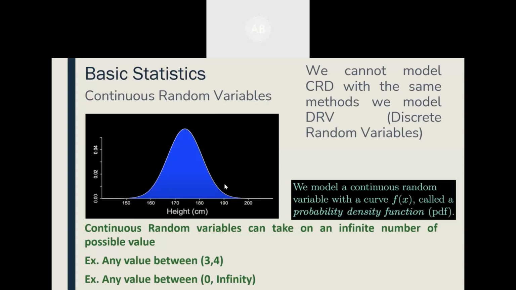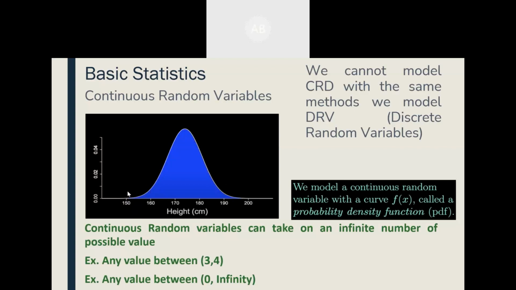Even then, if you plot the probability of occurrence for these sorts of intervals, with the probability of occurrence on the y-axis, it will take a shape as you see on the screen, which is a bell-shaped curve.